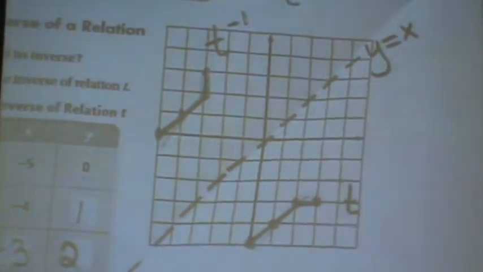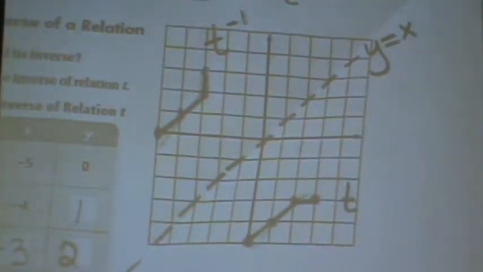That this and this land on top of each other. They're symmetrical. So inverses have symmetry over the line y equals x. That's another type of symmetry that you need to know.